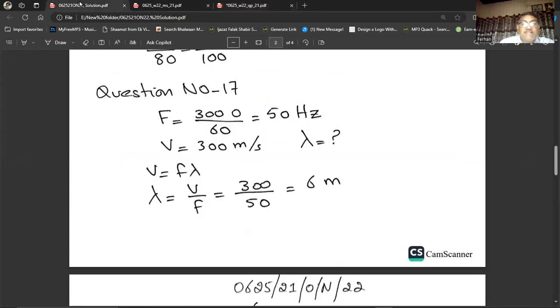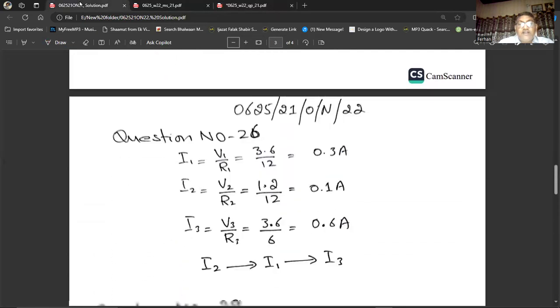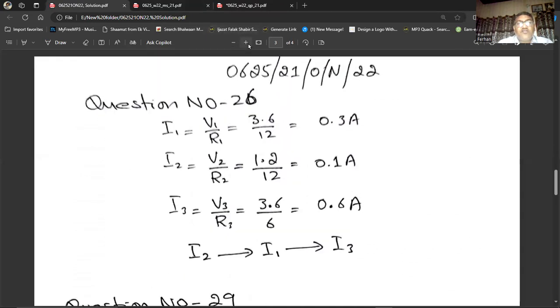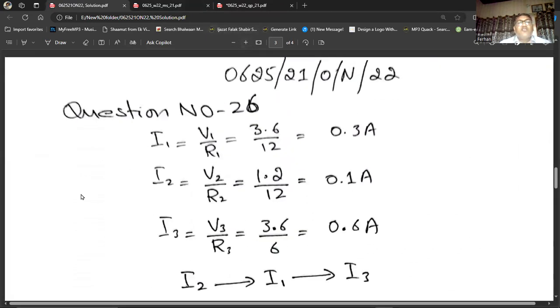Question number 26. Let me show you, I've done this on paper. So I1 will be equal to V1 divided by R1, 3.6 volts divided by 12 ohms, so that is 0.3 ampere. I2 will be equal to V2 divided by R2, that is 1.2 volts divided by 12 ohms, and that is 0.1 ampere.